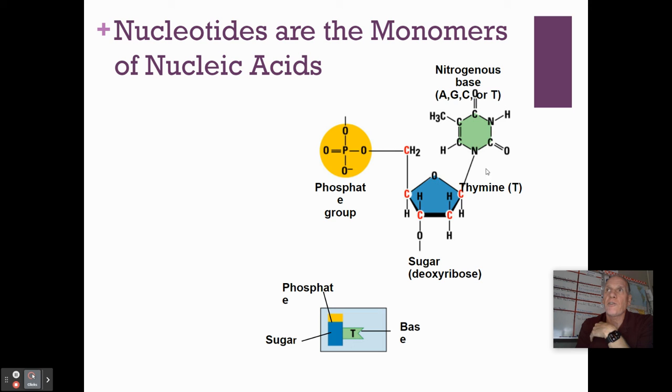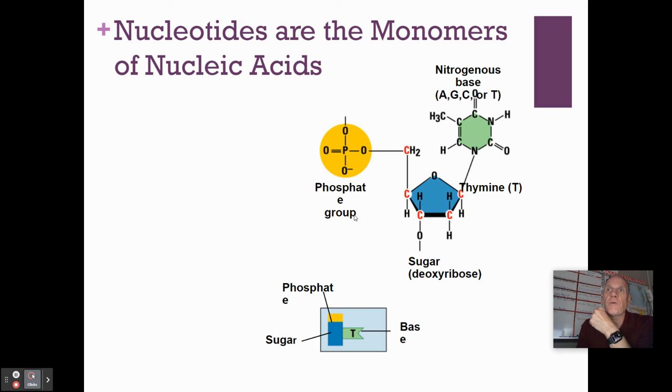We have a nitrogenous base, which can be A, T, C, or G if it's DNA, or it can be A, U, C, or G if it's RNA. We have a 5-carbon sugar. In DNA, it's deoxyribose. In RNA, it's called ribose. There's 2 oxygens down here in RNA's sugar. Deoxy, D means to remove an oxygen. So DNA only has 1 oxygen. Ribonucleic acid would have 2 oxygens, 1 here and then 1 here.